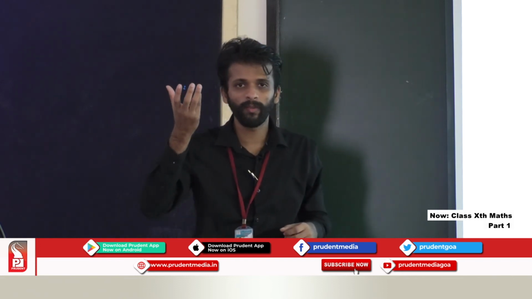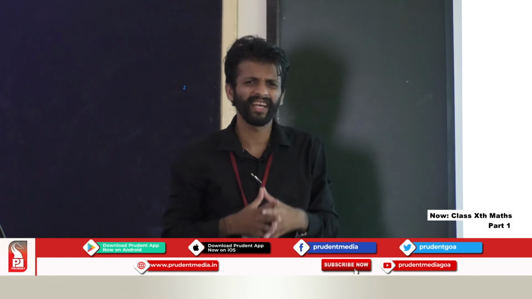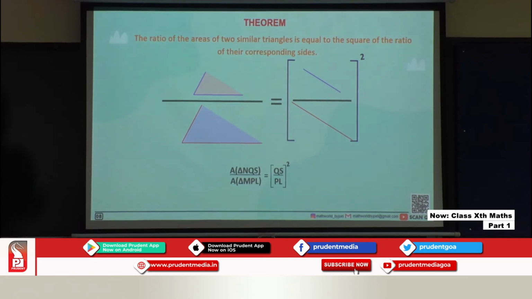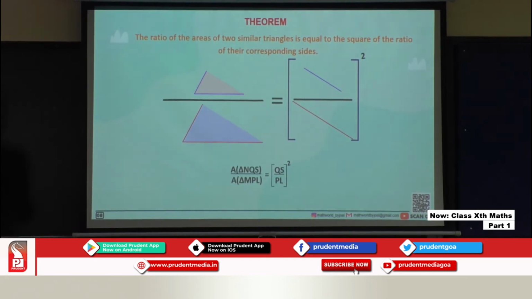Now that will be equal. What exactly is it trying to tell us? Just for an example, I take the area of triangle NQS, put it on the calculator and divide it by the area of the other triangle. After dividing, if the numbers are very complicated, I might get some numbers in decimals.